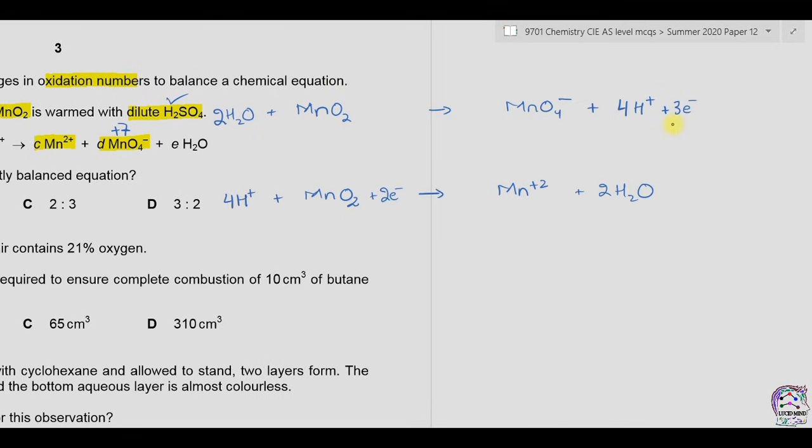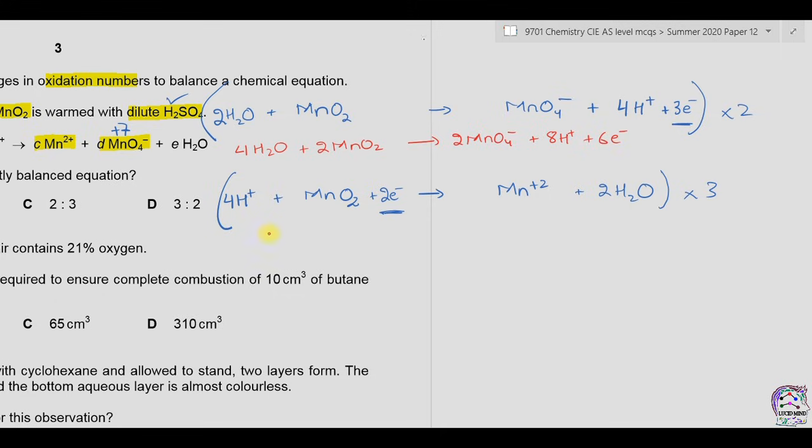Now we can see that 3 electrons are lost in one equation and 2 electrons are gained in the second equation. As in balancing, the number of electrons lost should be equal to the number of electrons gained, so we can multiply this equation by 2 and this equation by 3. Now after multiplication, we will have 4 molecules of water, 2 MnO2, 2 MnO4 minus, 8 protons and 6 electrons.